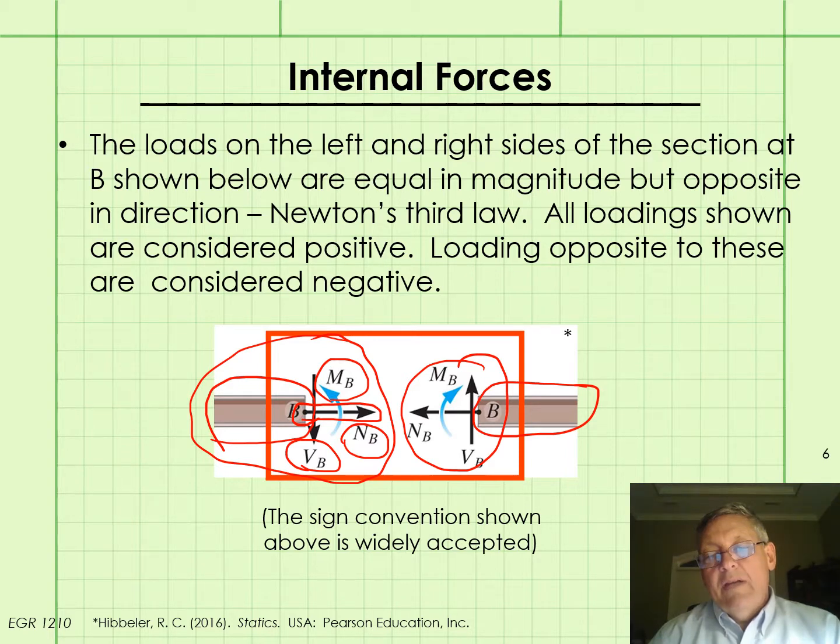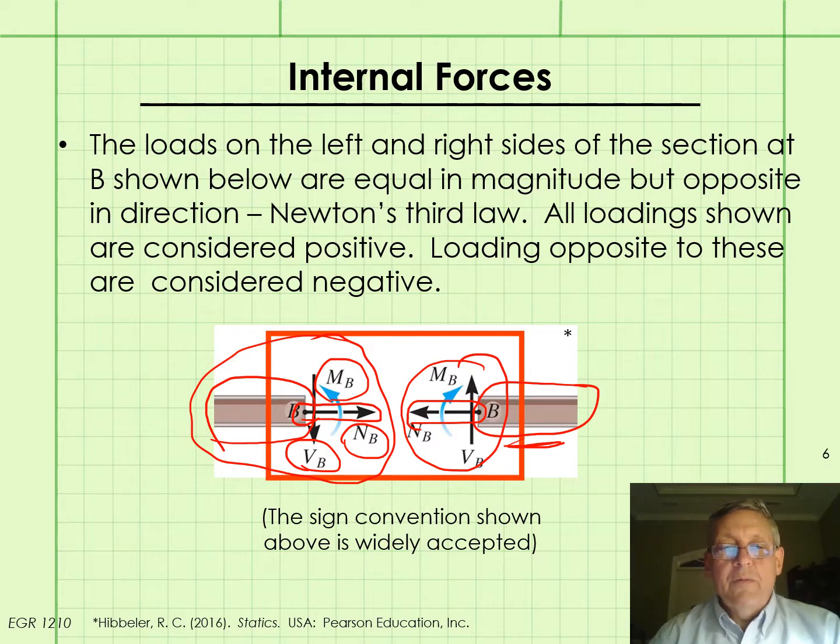And for the free body diagram for the right side of the cut, an equal and opposite force causes tension for the right side of the beam, so it's also considered positive. Now this isn't intuitive based on what we've done up to now, but this is the sign convention that's in place and widely accepted, and is what we're going to use when we work with beams.